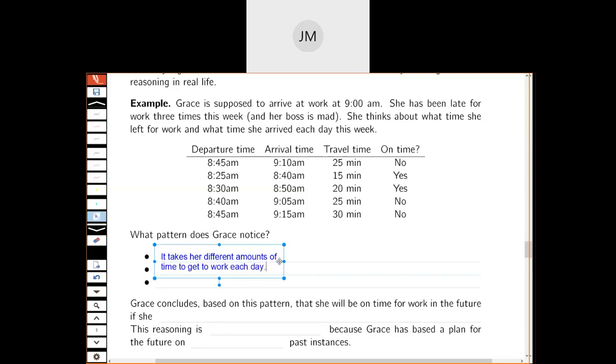What else do we notice? Well, on the days that we leave later, like 8:45, it took 25 or 30 minutes. If we leave at 8:40, 25 minutes, still about the same. If we leave at 8:30 or 8:25, then it takes less time. So it seems like when she leaves later, it takes longer.